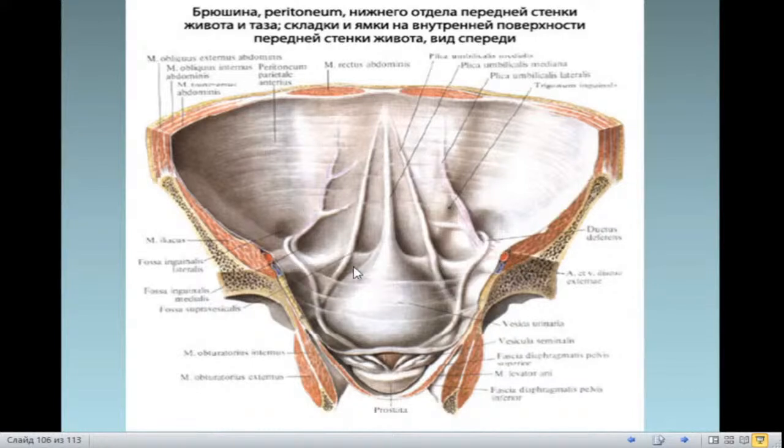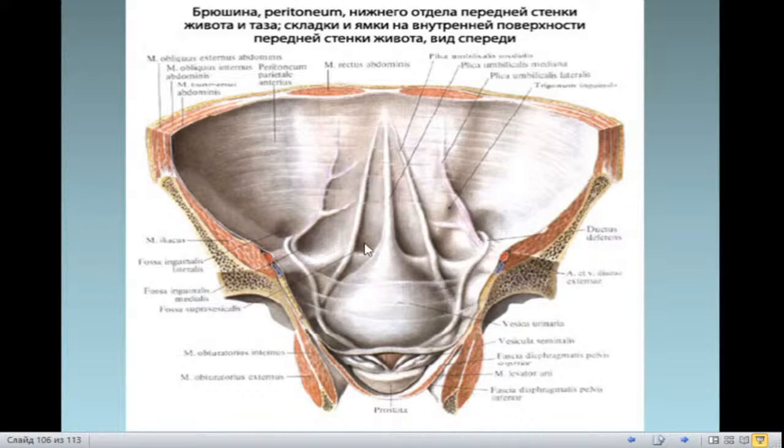Of these 5 folds, only the lateral ones have active vessels inside. The arteries are inside, which pass the blood in adults, the epigastric vessels. But inside the median umbilical fold, there is the former embryonic duct called urachus, which connected in the embryonic period the urinary bladder with the allantois.